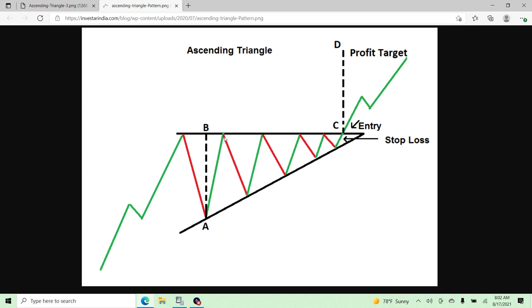It's almost like a flat top breakout, but it keeps making higher lows each time as it comes along, and these can be really big.